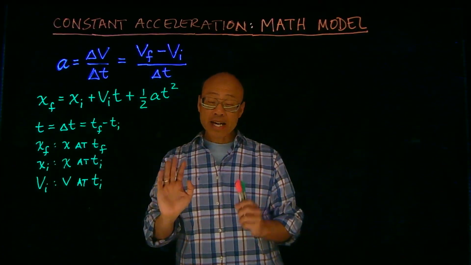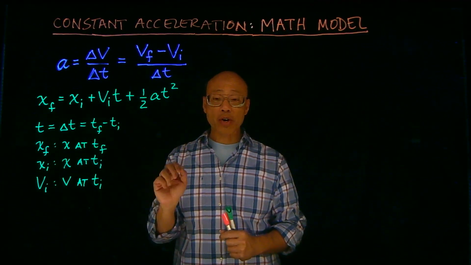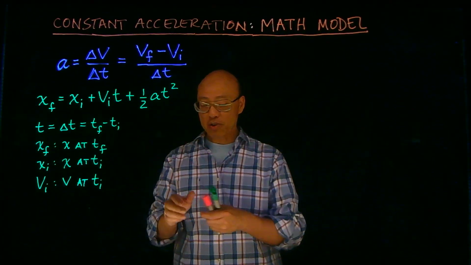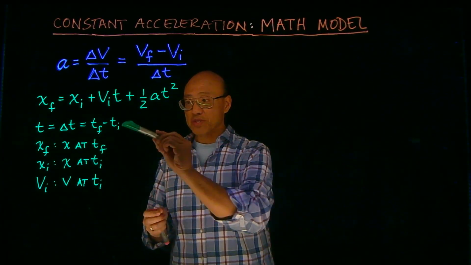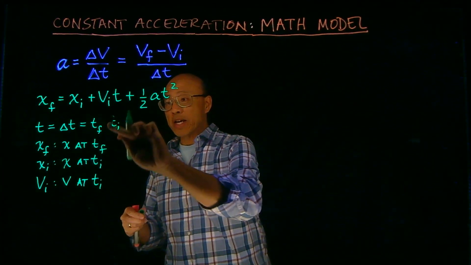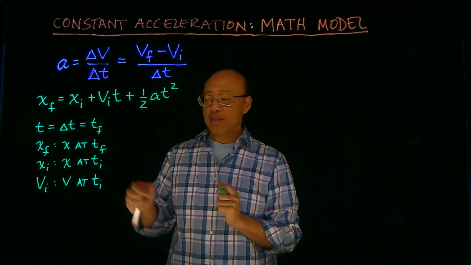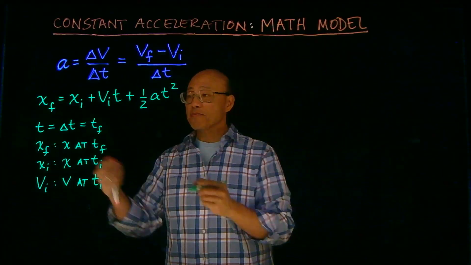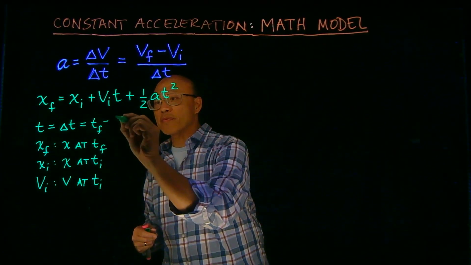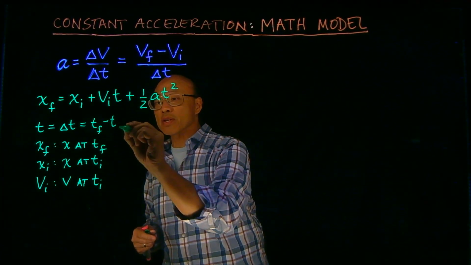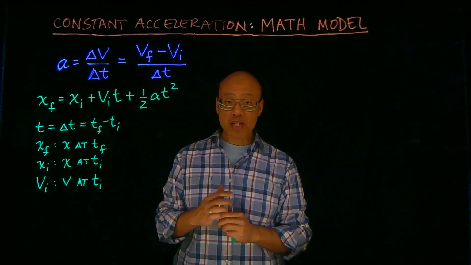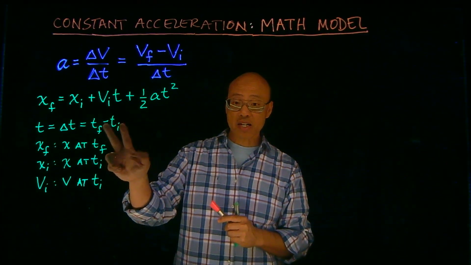We keep things simple by saying, let's make our initial time 0. And if we do that, then this goes away, and whatever our final time is, they're all the same value. But to be really complete and to handle the broadest situations, we always think of t or delta t as really a time interval.